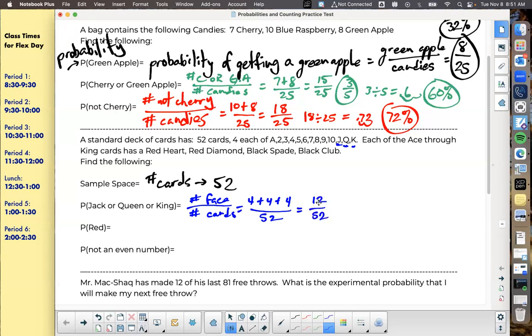Oh, what would have been really smart for me to do is have a calculator here at home. If I want to make this into a percent, I'm going to divide them. I got my phone, that works. I'll be like you guys, just use my phone for everything. 12 divided by 52 is 0.2307.